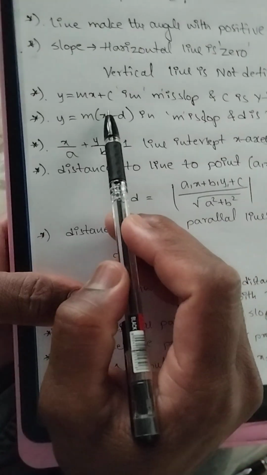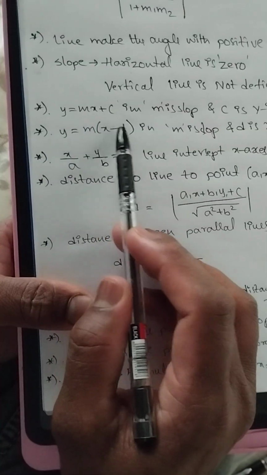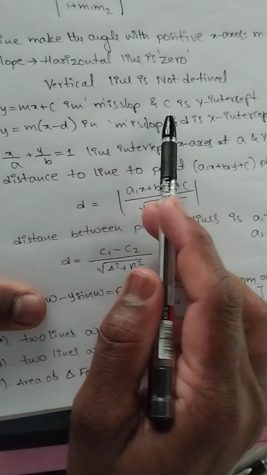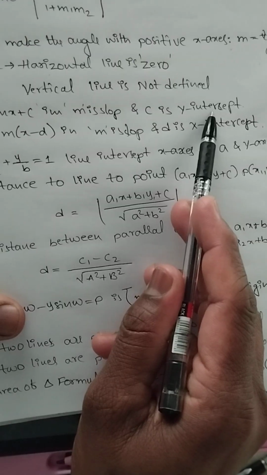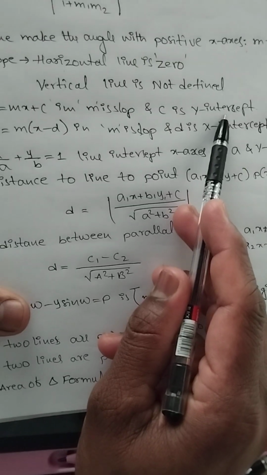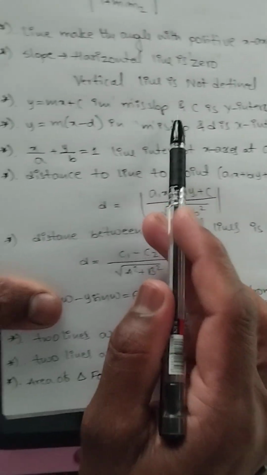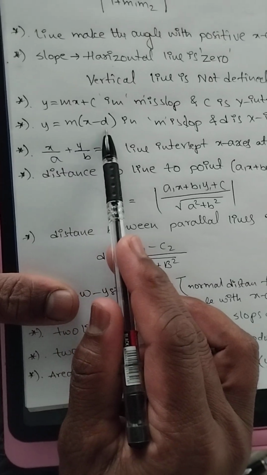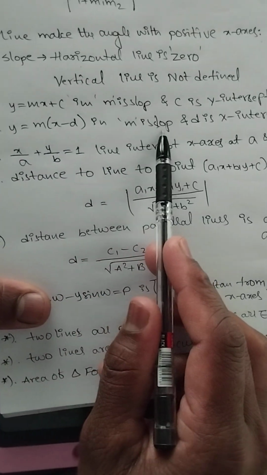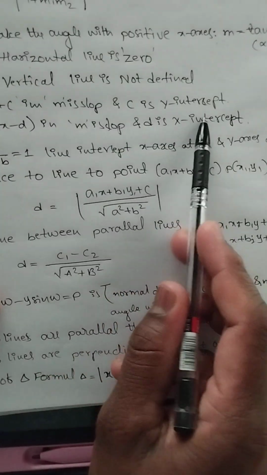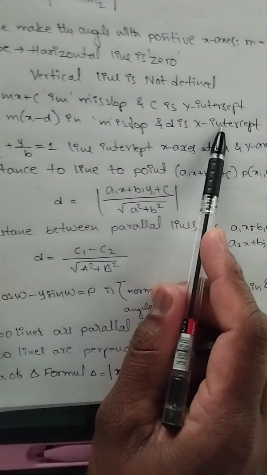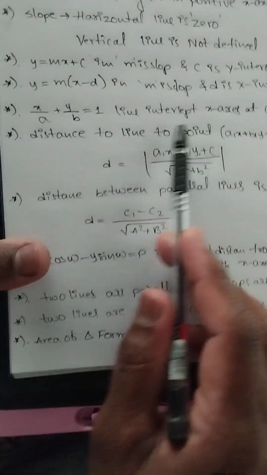Okay, then some more lines. y equal to mx plus c, in which m is the slope and c is the y-intercept, meaning the line intersects the y-axis at c only. Then y equal to m times (x minus d), in which m is the slope and d is the x-intercept, meaning the point where the line intersects the x-axis is d only.